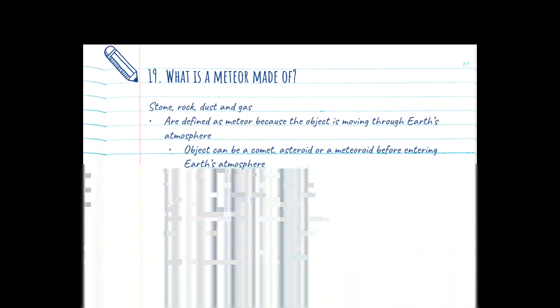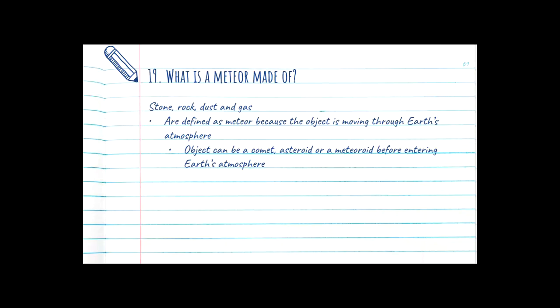So a meteor is probably going to have the stone, the rock, the dust, and maybe some frozen gas, because if it was originally a comet, it might still have some of the frozen gas, and as it's making its way through the atmosphere, that frozen gas may be melting because of the combustion, the pressure and friction on the actual chunk of rock coming through the atmosphere. So you're going to be losing the gas. The amount of gas that would be there is probably limited. It's mostly going to be your stone and rocks.